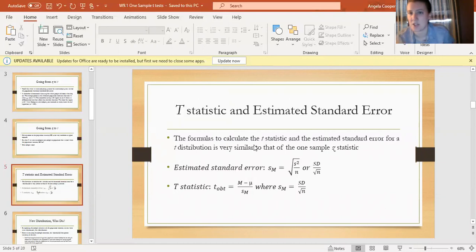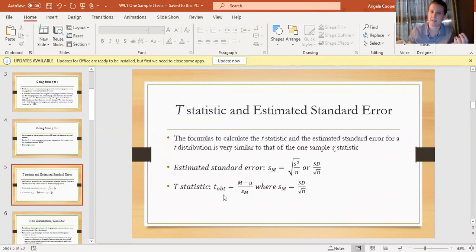Now instead of population, we don't have any Greek letters in this, so we know that we're dealing with samples here. So we have the estimated standard error equal to the square root of the sample variance divided by the sample size, or the sample standard deviation divided by the square root of the sample size.